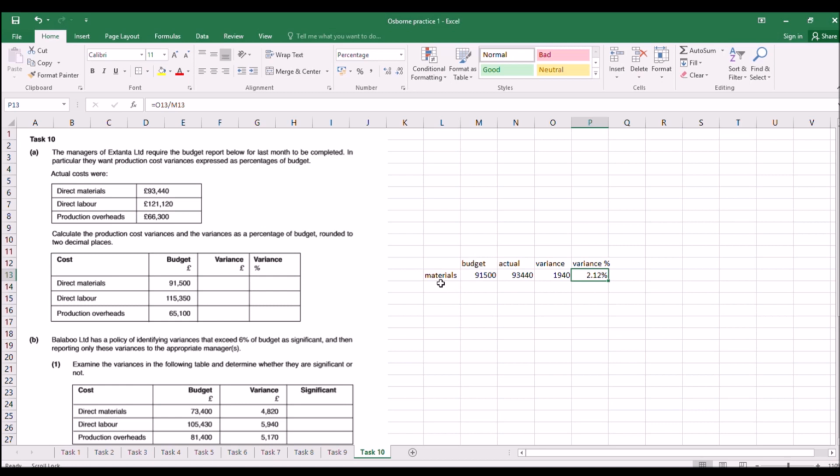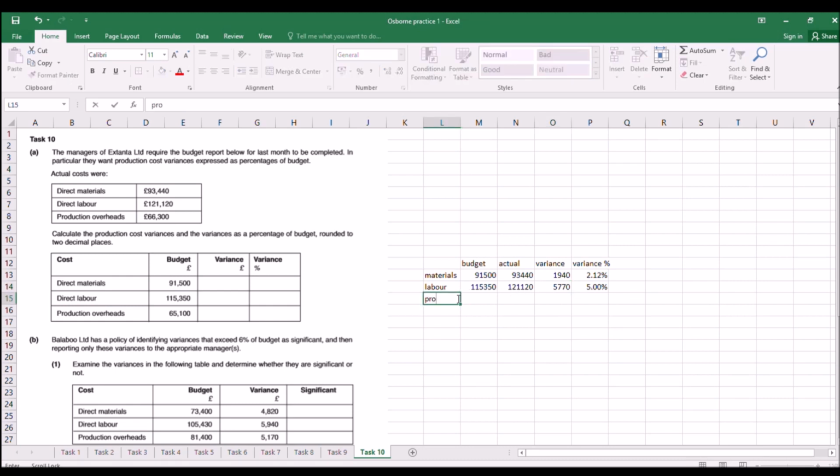Now let's do the next one, labour. So here's our budget, 115,350. Here's our actuals in here, 121,120. And here's where the question sort of misses that one out, or you to try and see whether you will miss it out as well on your workings. And so the variance was the difference between the bigger and smaller number, and it's 5%.